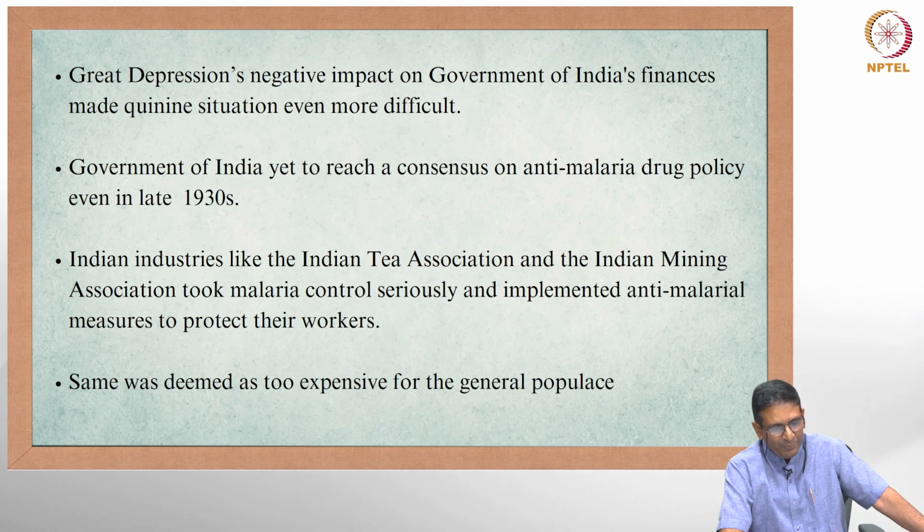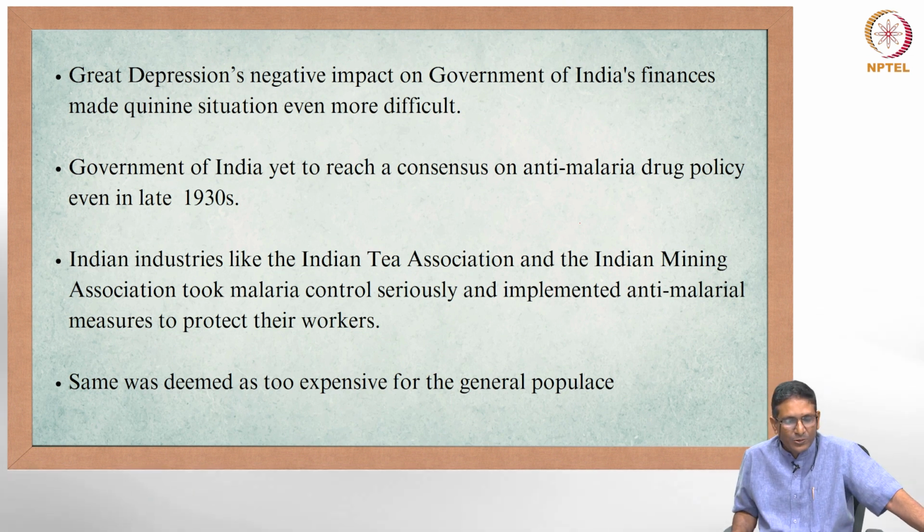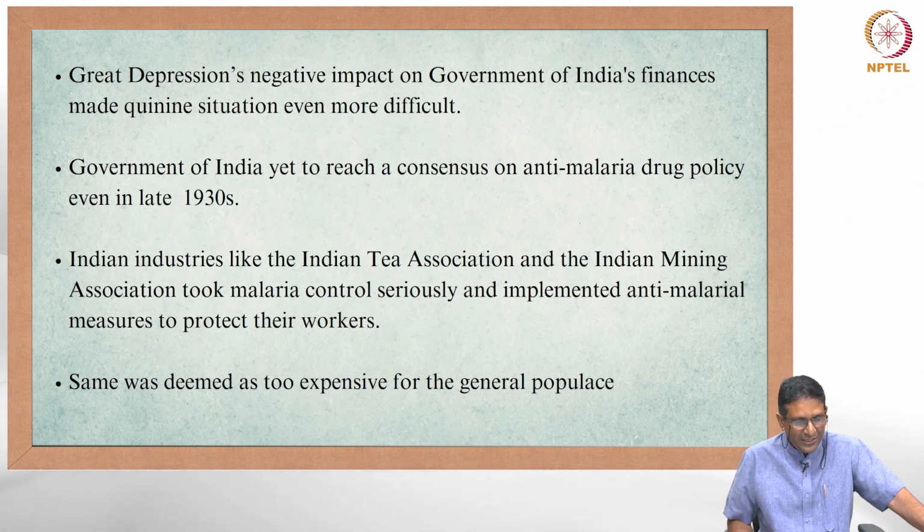So they implemented more multi-pronged measures to protect their workers, but from a commercial point of view, which meant considerable financial investment, which they could afford to do because they were themselves commercial agencies.